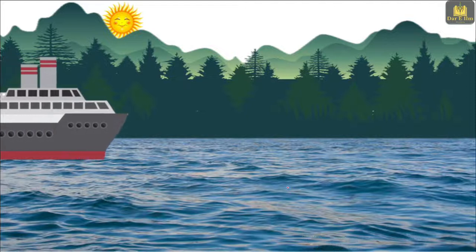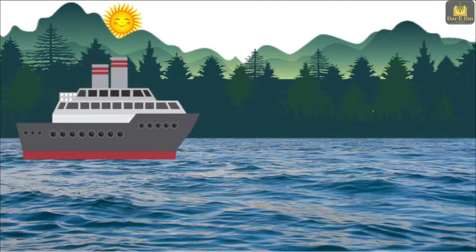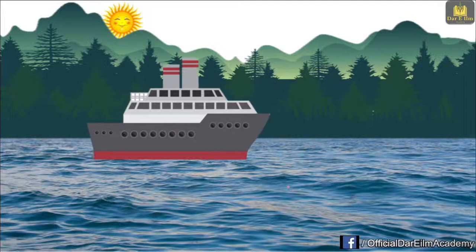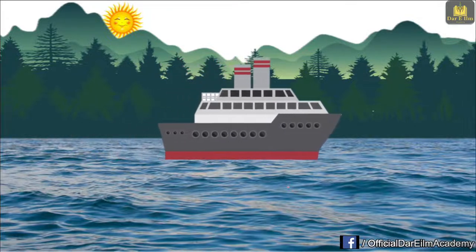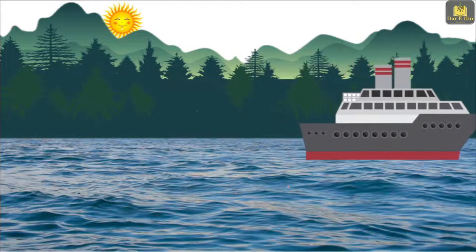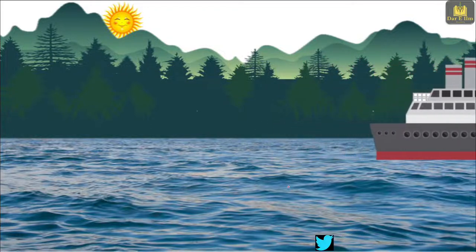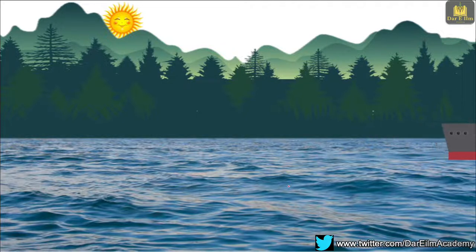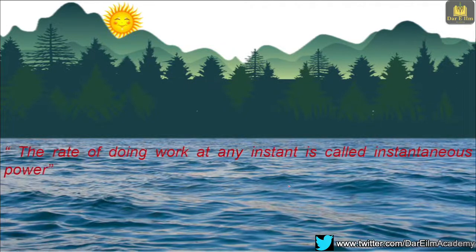Here you can see that the boat is moving with constant velocity. Why? Because the propeller of the motorboat is causing the water to exert a constant force on the boat at every instant of time. So we can define instantaneous power as the rate of doing work at any instant.